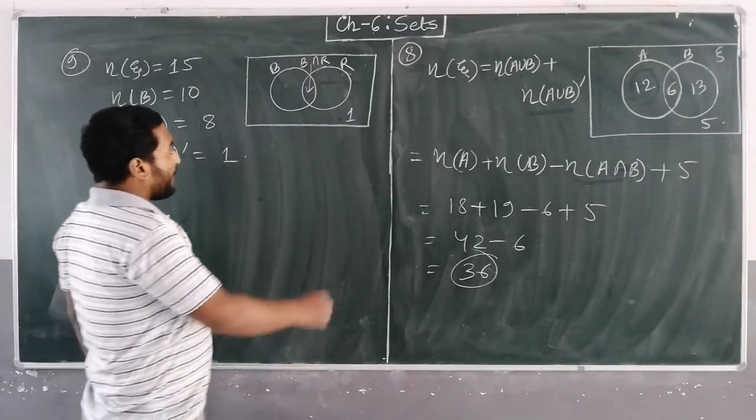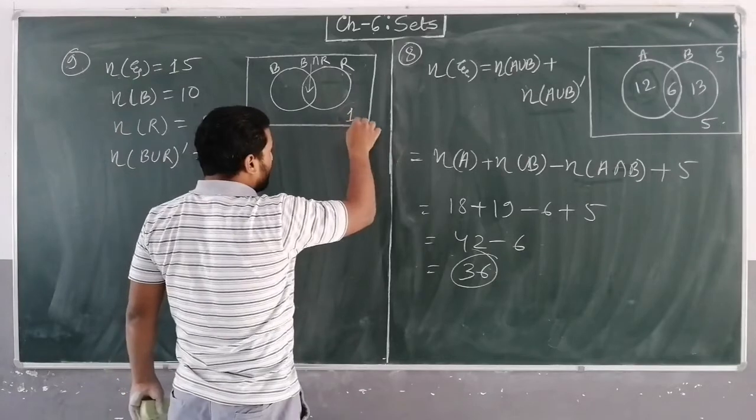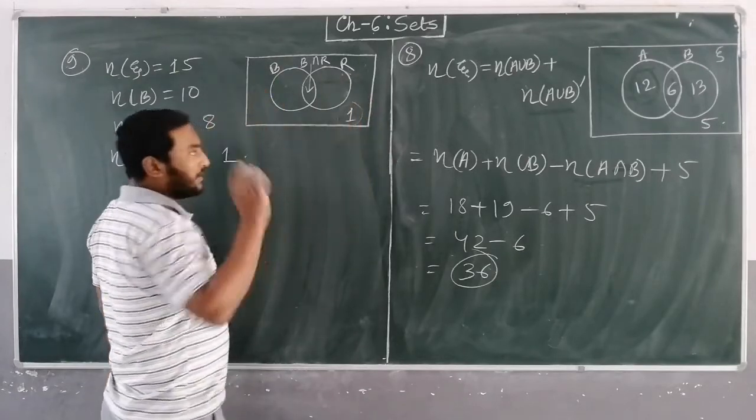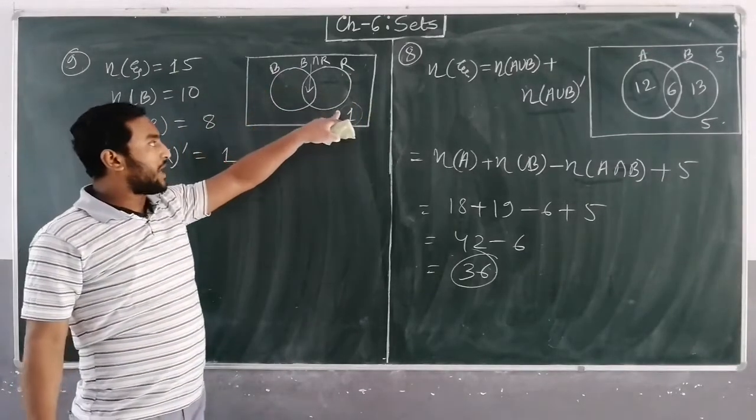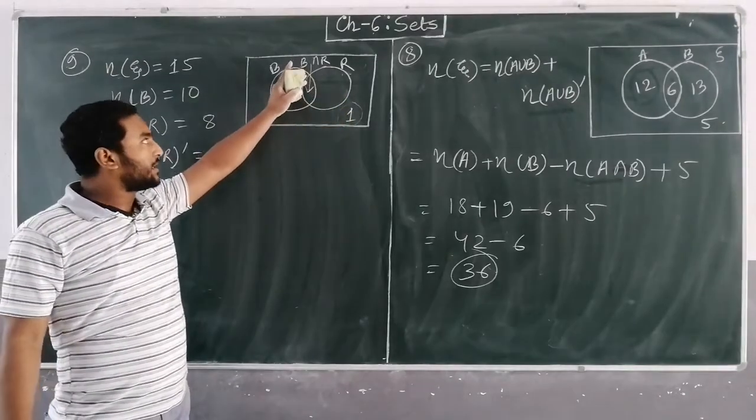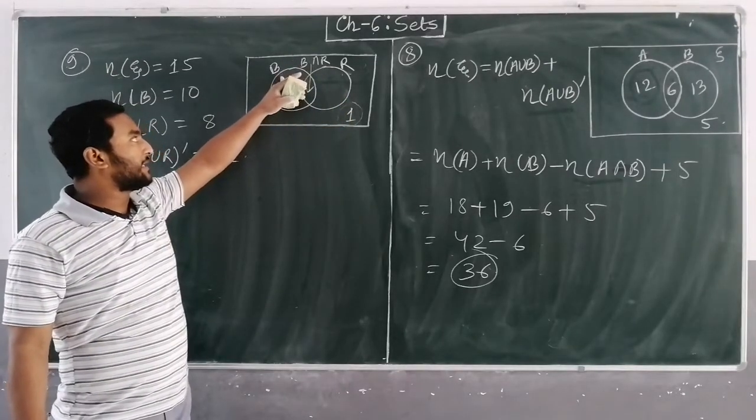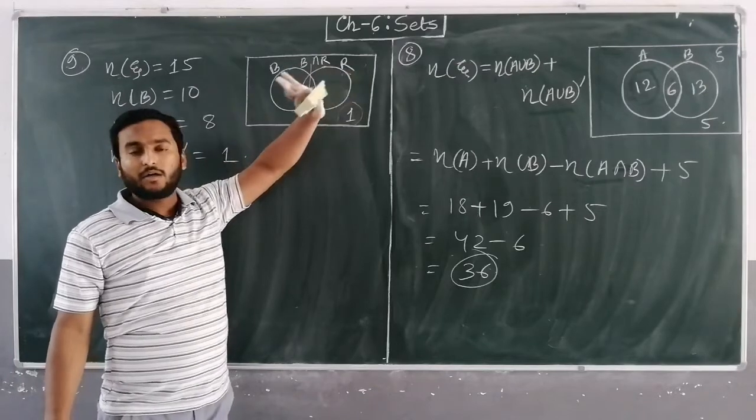Now see this, only one girl is outside the circles, means one girl is not buying either bangles or ribbons.